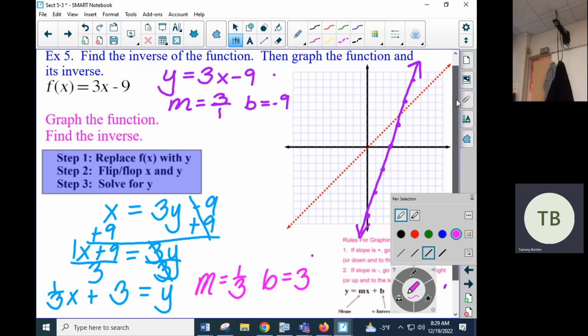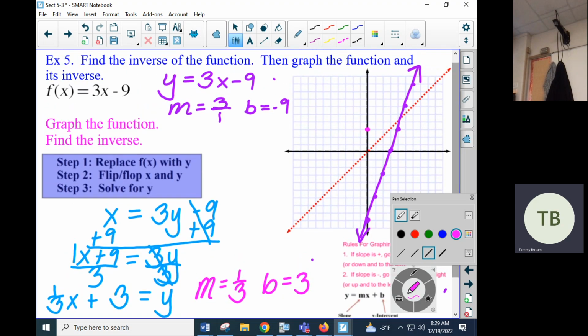So I am going to go up to 1, 2, 3, where my y-intercept is. I go up 1/3, up 1/3, and keep doing that pattern, which is the same as down 1, left 3. And then we can plot this. And like I said, you can tell if you did it right if it's a reflection over this line.